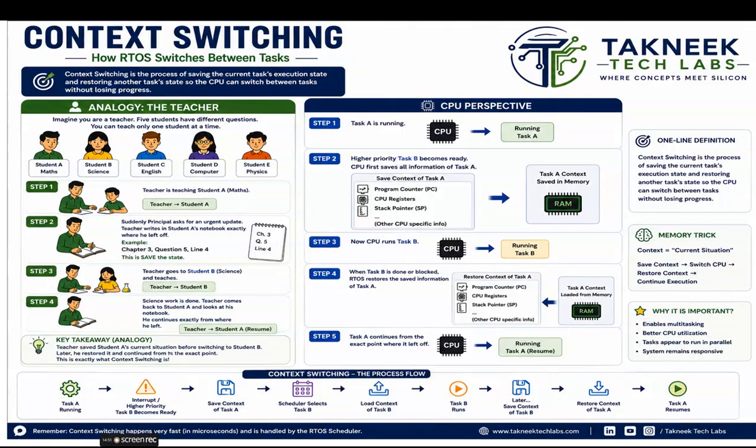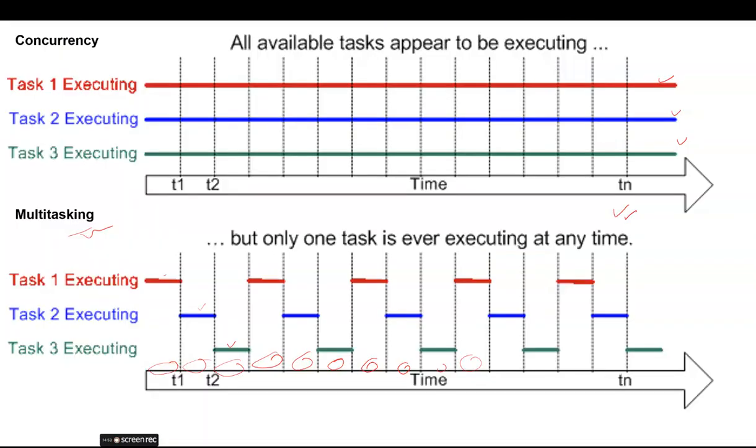Okay, so there's one question that must arise. Suppose there's task 1, and it is executing, and the time frame has completed here. And task 2 says I want to execute, but task 1 has not completed its work. So what will happen? It has to leave the resources as they are, and it has to give the CPU to task 2, right?